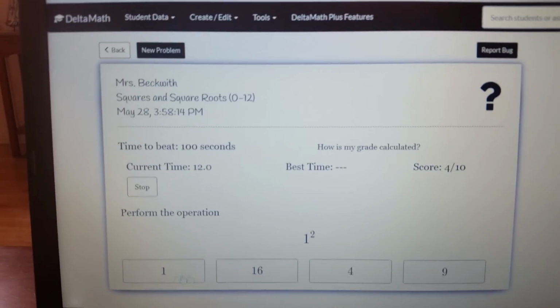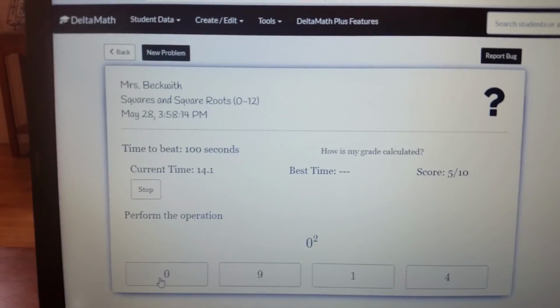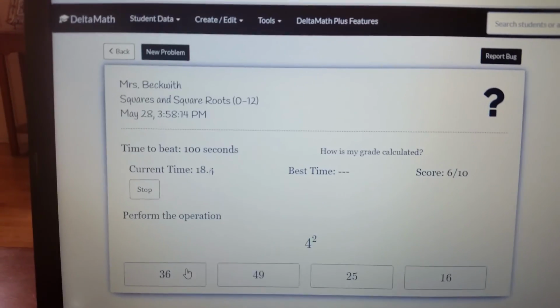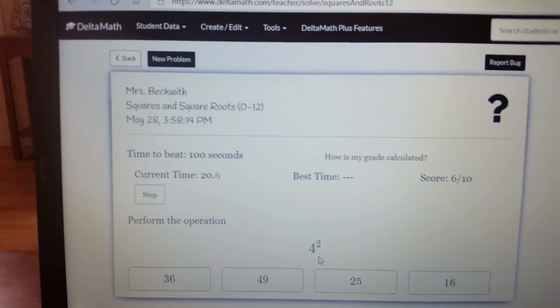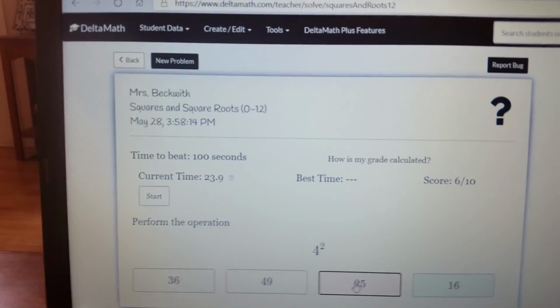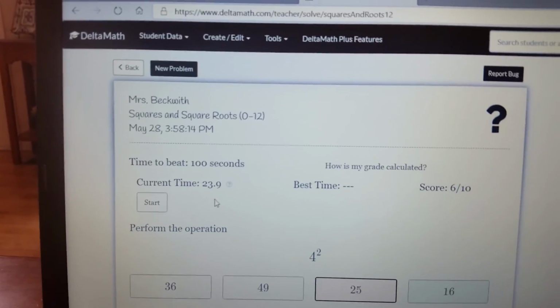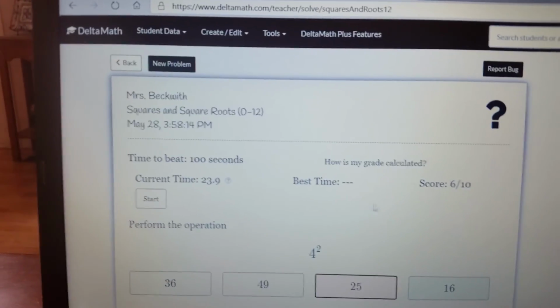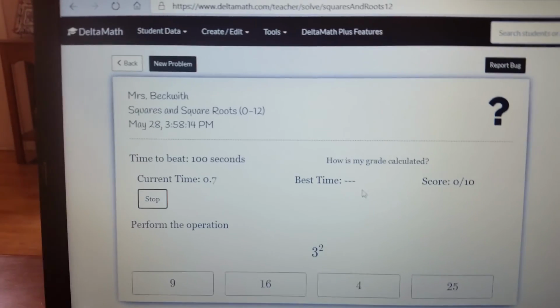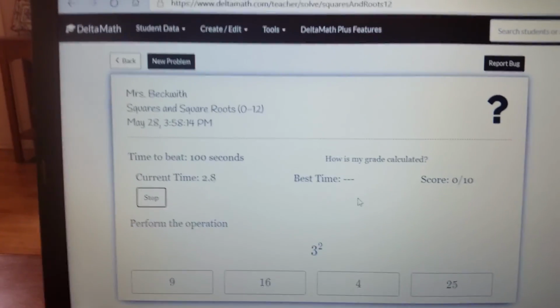So you're going to do that. And, oh, there's a 0 squared. 0. And let's just say I got one wrong. Say I said 4 squared was, let's say it's 25. We know it's not. Okay, then what it does is it stops your time, and then you start again. So far we got 6 in a row correct. I'm going to start again, and it starts me at 0, and let's see if we can get 10 in a row correct.